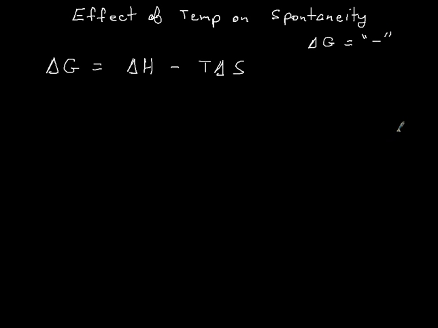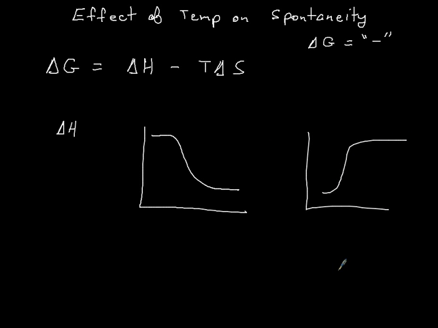Now, let's backtrack a little bit and talk about favorable versus unfavorable situations. We've discussed this already, but let's reevaluate it. If we're talking about the change in enthalpy, and we have a reaction that is exothermic and a reaction that is endothermic, which of these is favorable? Remember that low is stable and high is unstable, and stability is preferred.